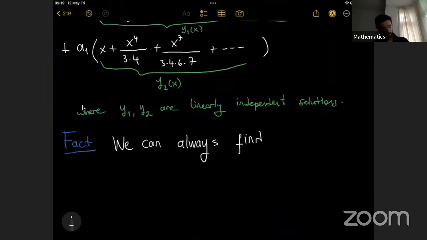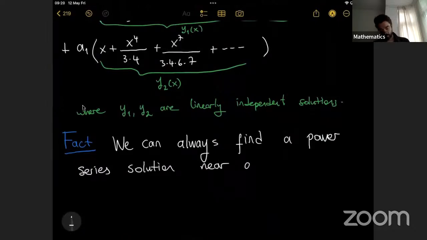That means a solution exists near an ordinary point.